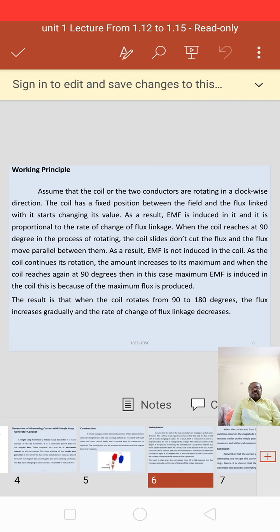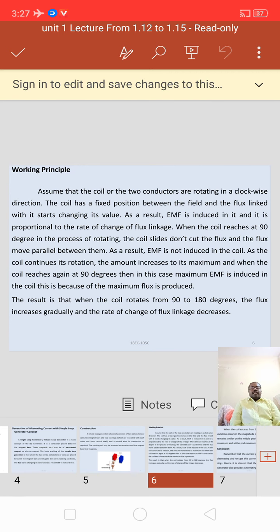This is because the maximum flux is produced. When the coil rotates from 90 to 180 degrees, the flux increases gradually and the rate of change of flux linkage decreases.